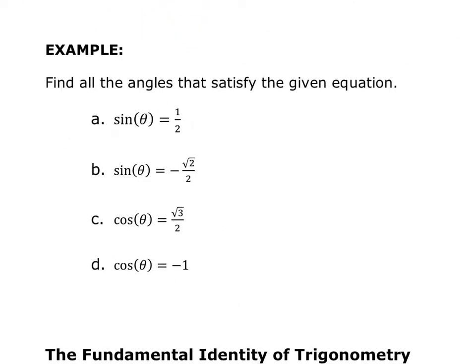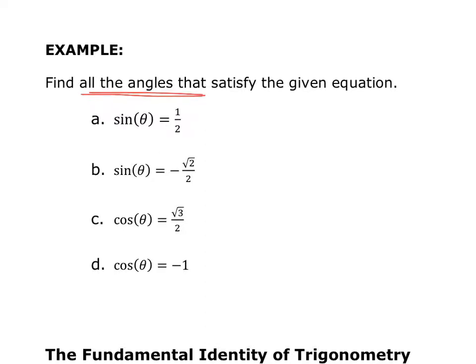Let's take a look at this one. On this one, and this is going to be really important, read what it's asking for. We want all the angles that satisfy it. So I have to write all the angles that satisfy that.